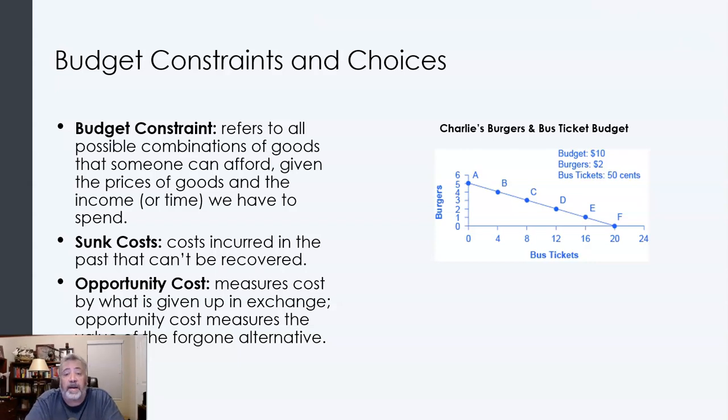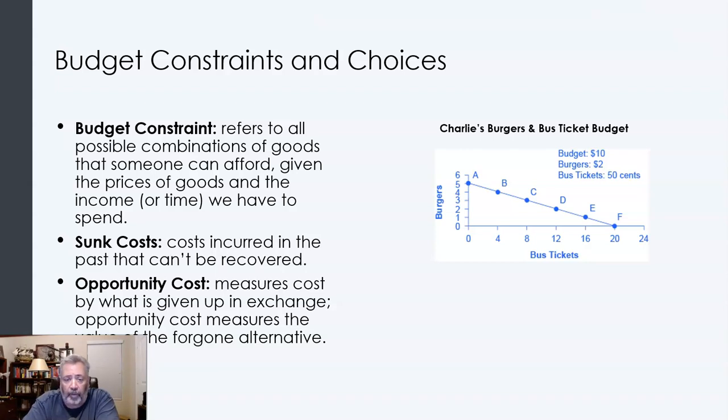So if you're just talking about an individual, like you might be studying in microeconomics, then you can use something called a budget constraint. And a budget constraint is just a way of modeling the various combinations of goods that you can get given how much those goods cost and how much money you have to spend. In this case, our budget constraint is looking at burgers and bus tickets, and we have $10.